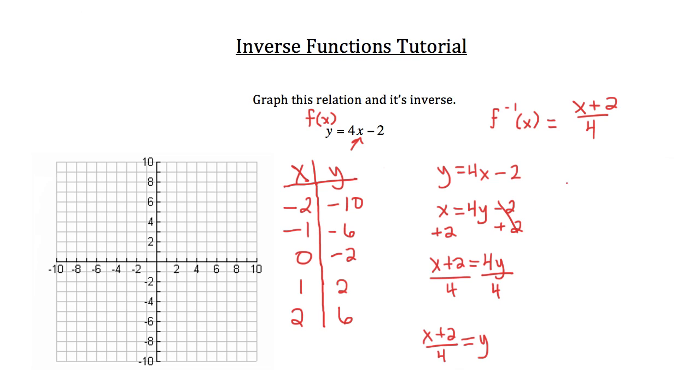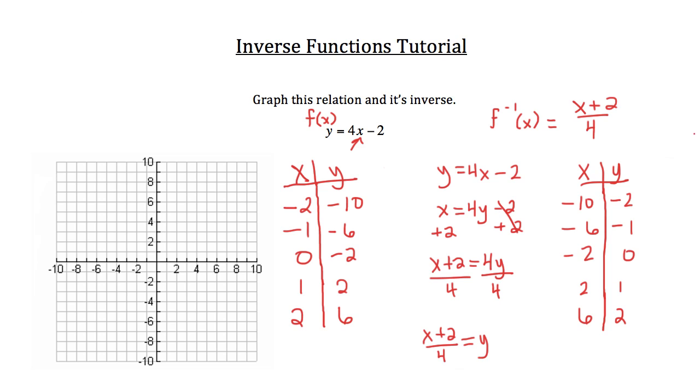Now remember what we said in the beginning of the tutorial, that when graphing the inverse of a function, the x and y values, their numbers are actually just going to switch. So you're just going to take those same points, but now the negative 2, negative 1, 0, 1, and 2 are going to be over here on the y-coordinate, and negative 10, negative 6, negative 2, 2, and 6 are going to be here.